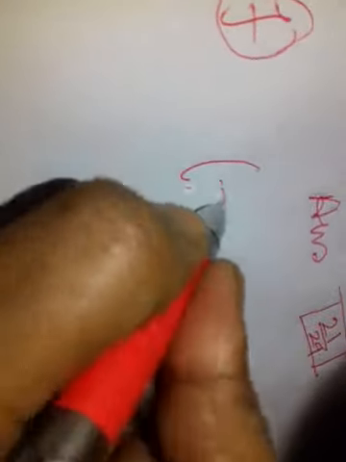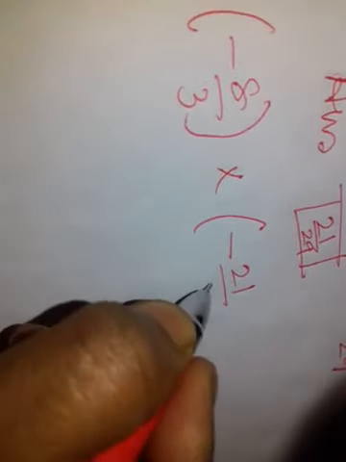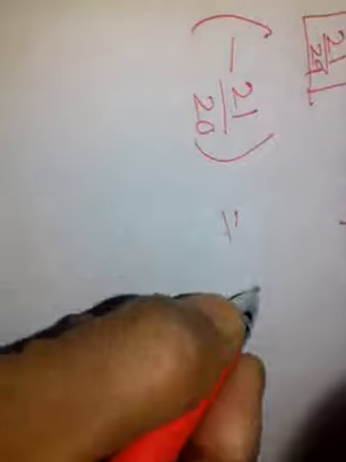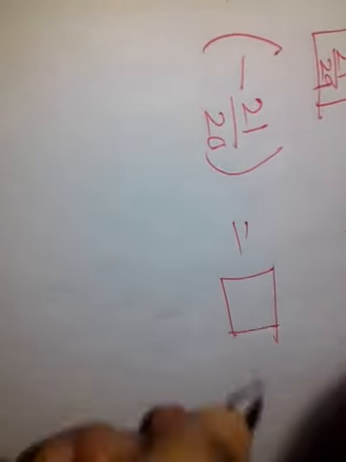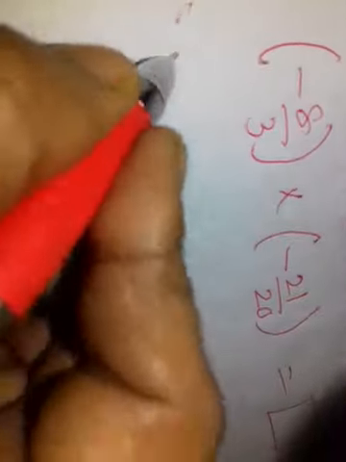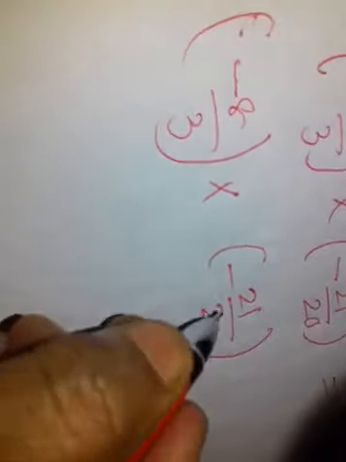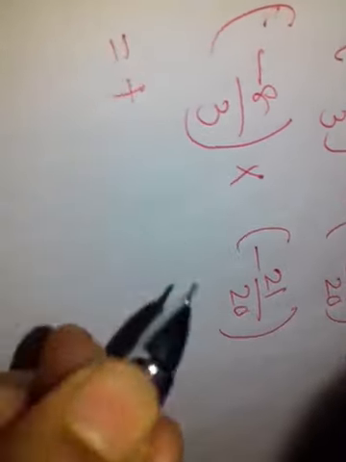Next, 4 part F. Minus 8 by 3 into minus 21 by 20 is equal to box. So minus 8 by 3 into minus 21 by 20, minus minus plus.